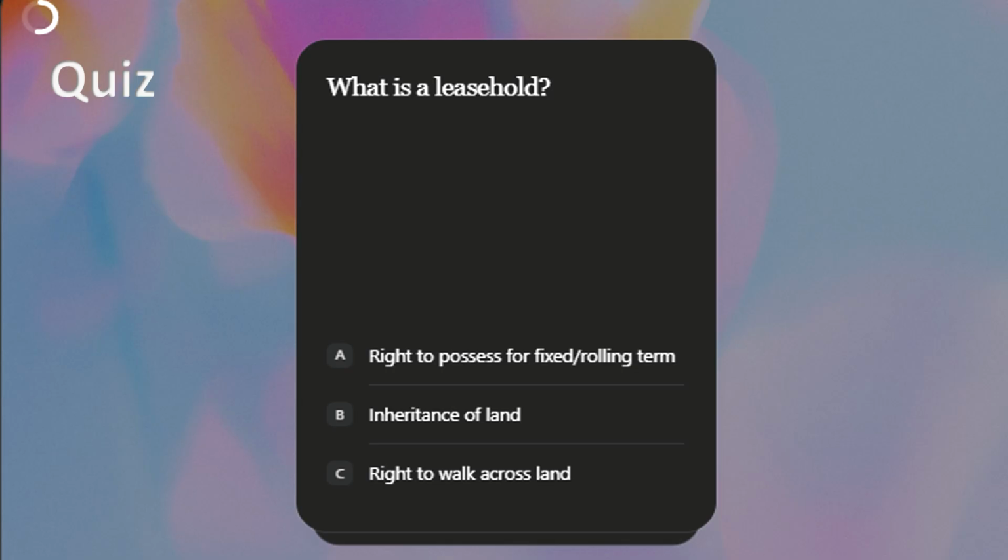By contrast, what's a leasehold? Who remembers what we said about leaseholds? They are rights to possess the property exclusively for a fixed specified term or a rolling periodic term.